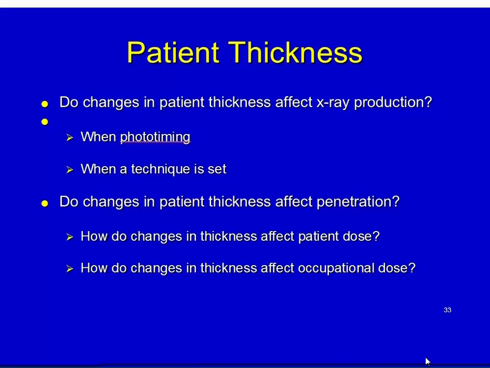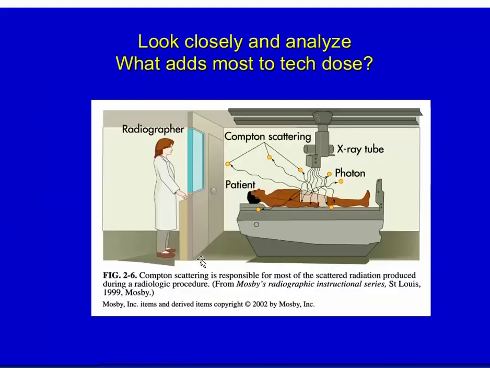So how do changes in thickness affect occupational dose? Well, you might be thinking it doesn't really, but again, I'm going to refer you back up to this graphic here. What is your main driver of occupational dose? Well, I won't even say main driver of occupational dose. The only thing that affects your occupational dose is Compton scatter. What type of tissue creates more scatter radiation? It's soft tissue.